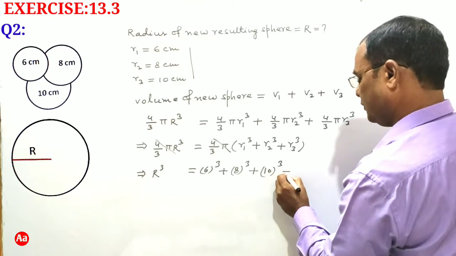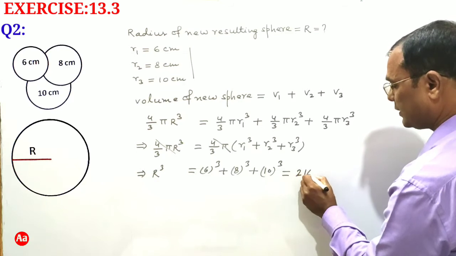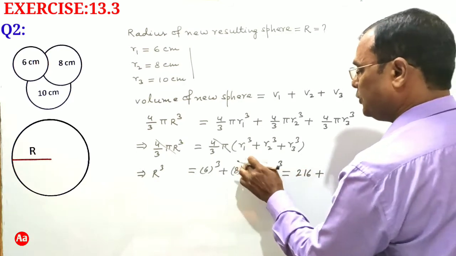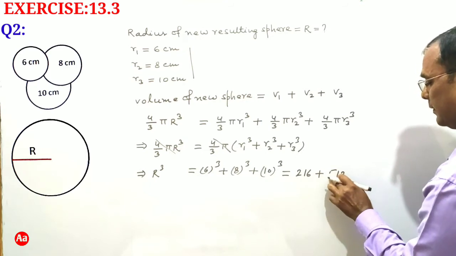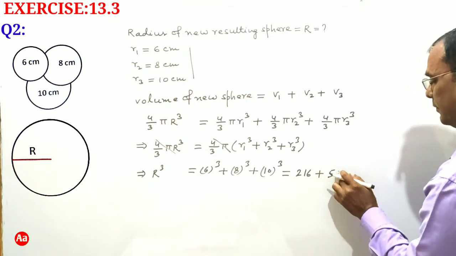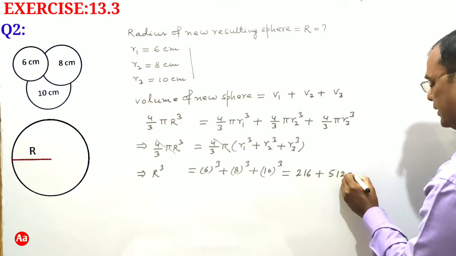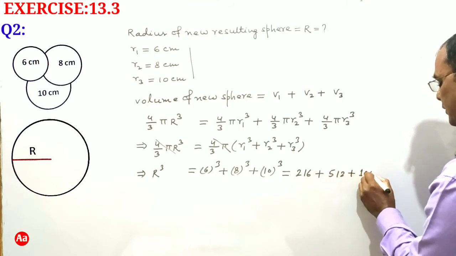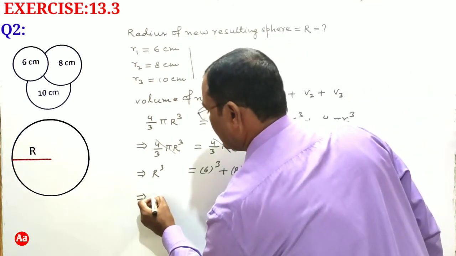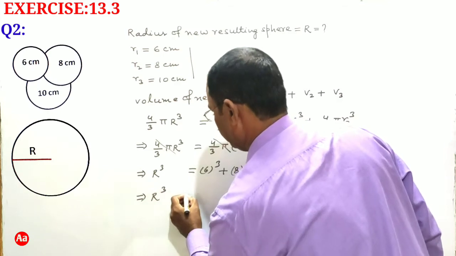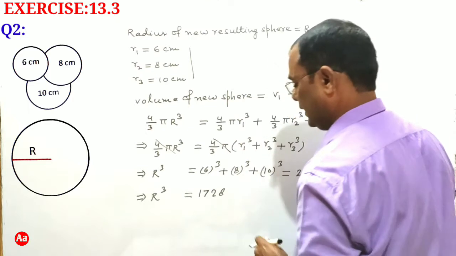This is equal to 6 cube, 216, plus 8 cube, 512, plus 10 cube, 1000. So r cube is equal to 1728.